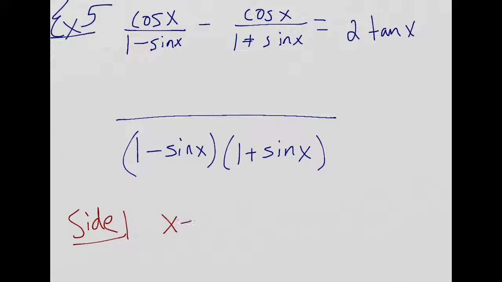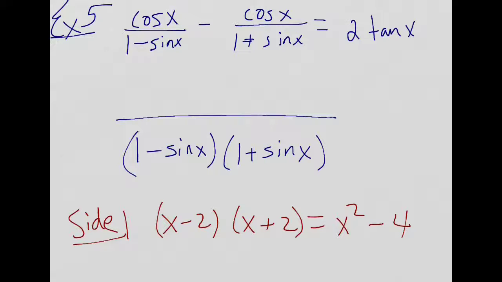If I have x minus 2 times x plus 2, I don't have to fully multiply that out, I should just know what that is. It's just what? X squared minus 4. Because if I factor that, it's a difference of what? Squares, and it gives me this.